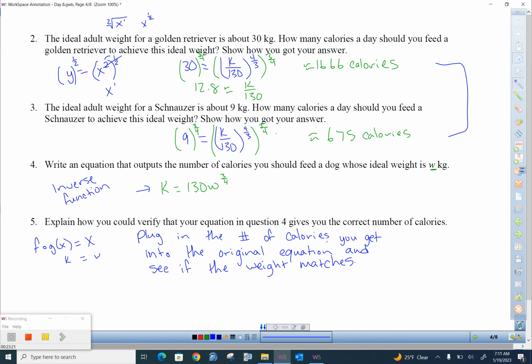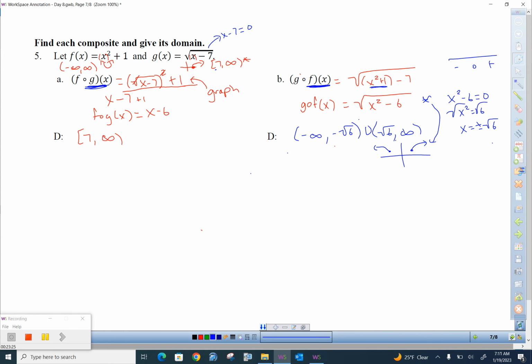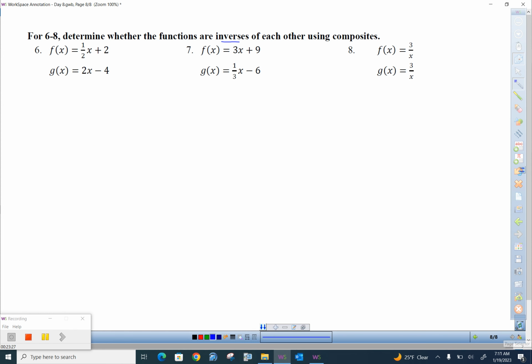So what we're going to do on here to prove whether or not these are inverses is that exact thing. I use the f of g of x notation intentionally because that's what I'm going to give you here. So I want you to write a little note up here. If functions are inverses, then f of g of x will equal x, but so will g of f of x. So we're going to check both.